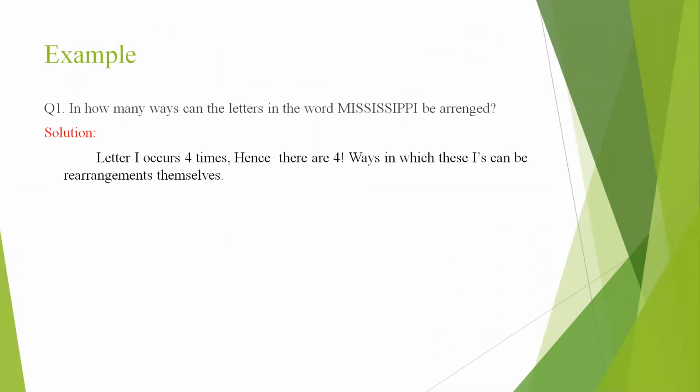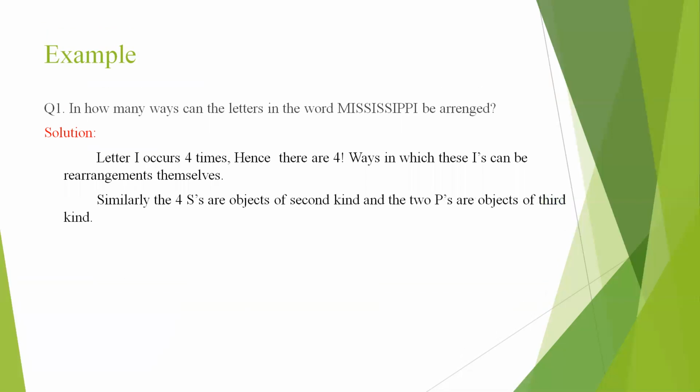But as this does not change the word, we have to divide by 4 factorial to count the word MISSISSIPPI once. Hence the I's are objects of one kind. Similarly, the 4 S's are objects of a second kind, and 2 P's are objects of a third kind.